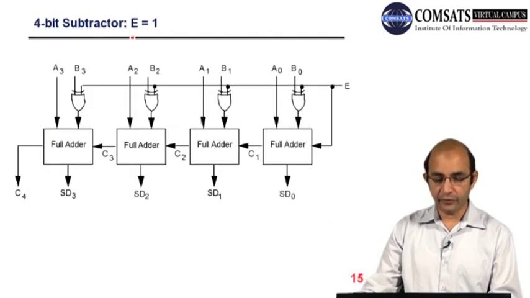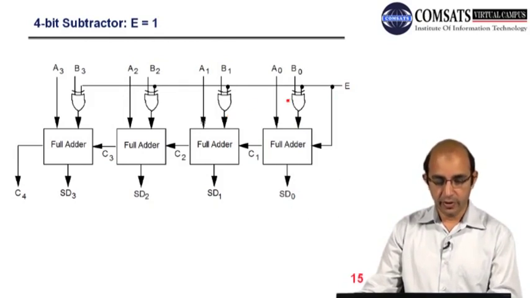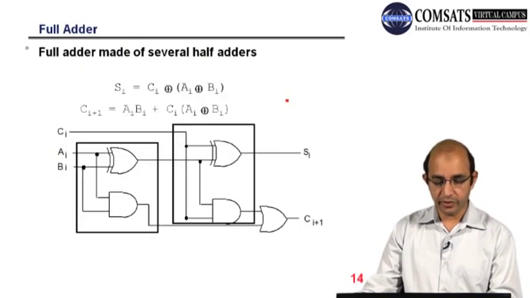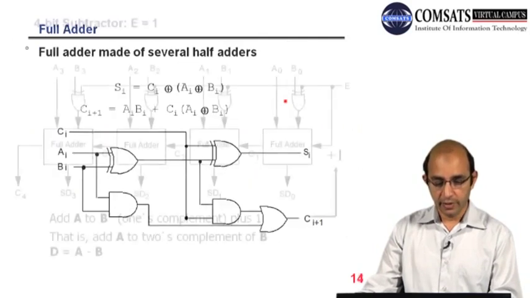So here we have a 4-bit circuit that can do addition and subtraction. If E is equal to 0, we will be adding. If E is equal to 1, the bits will be subtracted. So this is the idea or tip how we can solve the problem which we mentioned over here. So we have to take the 2's complement, and then we have to add -1.